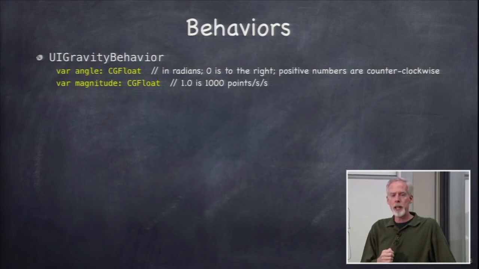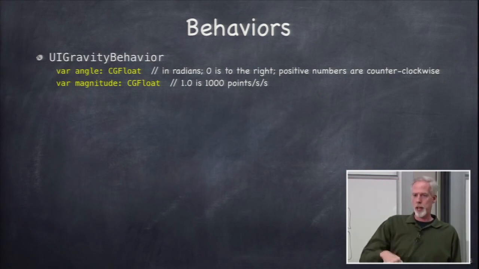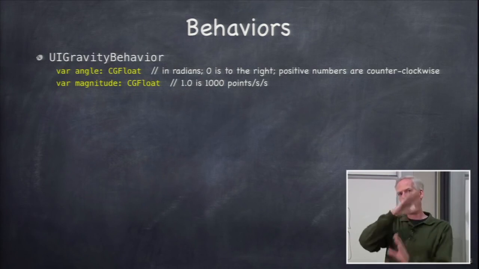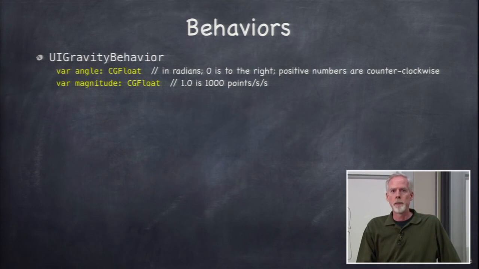All right, so let's talk about some of these concrete behaviors. Gravity is a very simple behavior. It just has an angle, so you can have the gravity be going up the screen or down the screen or to the left or to the right or any angle you want. And it has a magnitude. The magnitude is in a scale where 1.0 is 1,000 points per second per second. You all know that gravity is an acceleration.